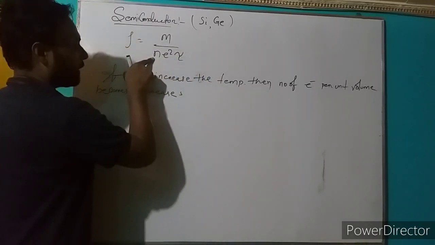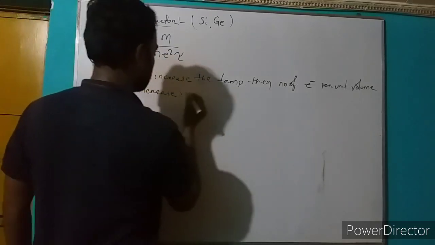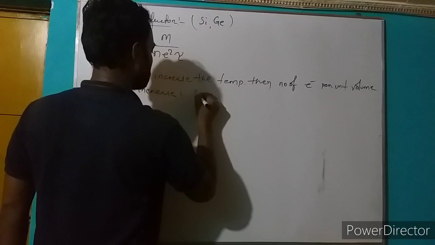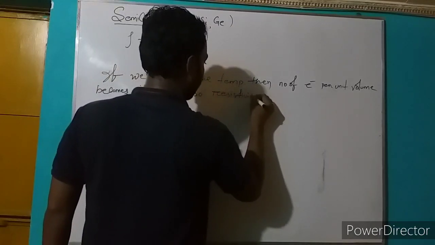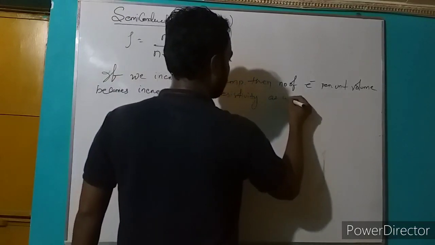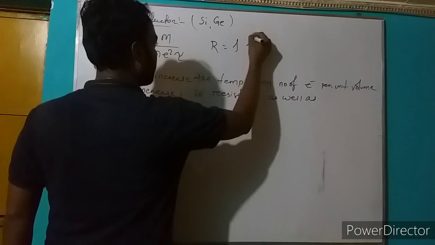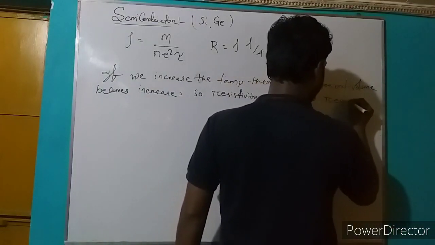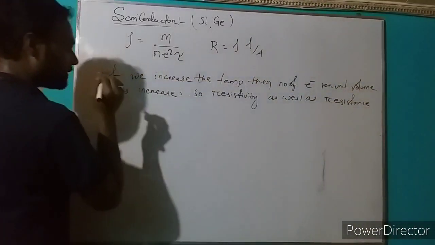You know n and rho are inversely proportional to each other. So resistivity as well as, since R equals rho l by A, resistance becomes decreases.